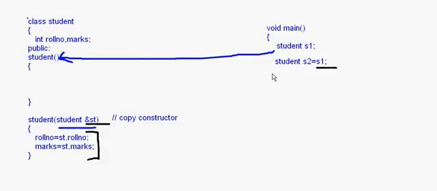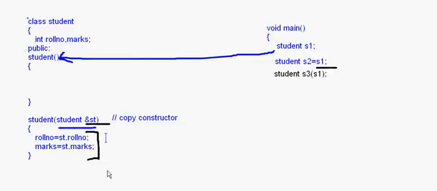Now the same copy constructor can be called like this also: student s3, and within bracket I write s1. This will also do the same thing. Now here s3 will be created, and this s1 is again passed into this st, right?